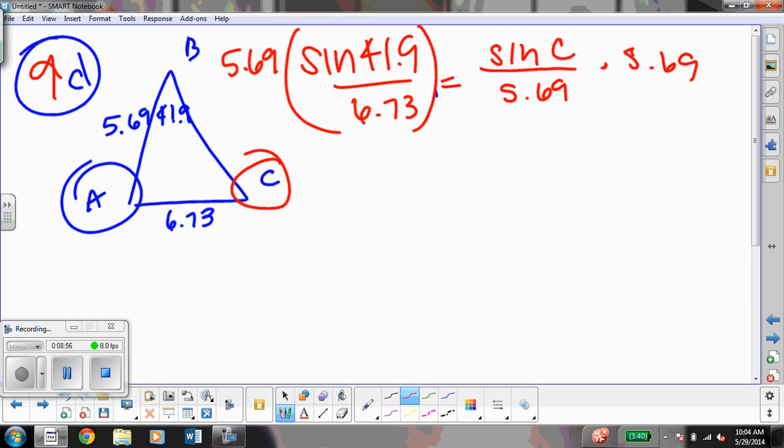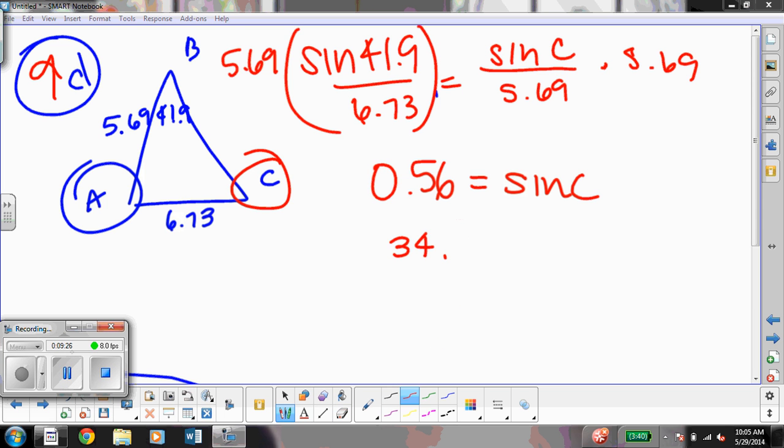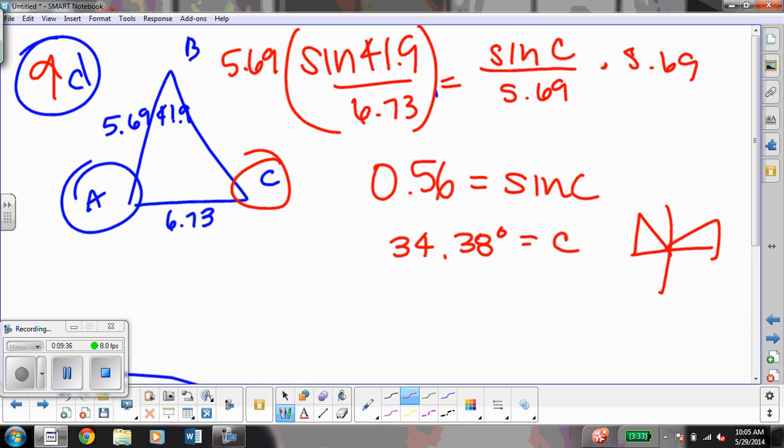And I can punch this in my calculator to get the decimal. 5.69 times the sine of 41.9 divided by 6.73 to get 0.56 equals the sine of C. And I'll take the inverse sine of 0.56 to get 34.38 degrees for one measure of C. And the other measure of C will be 180 minus that, which is 145.62.